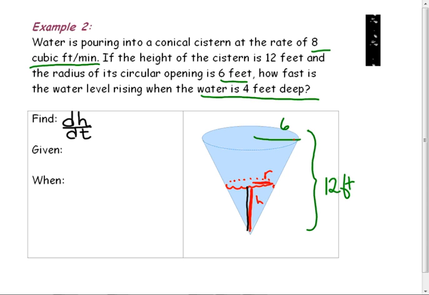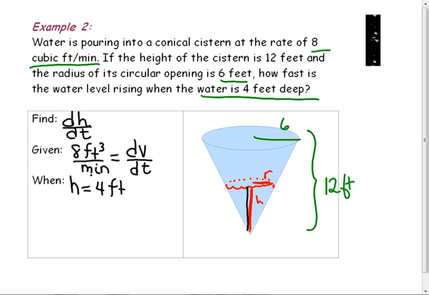I'm given this 8 cubic feet per minute. What is cubic feet? That's volume. So this is the change in the volume as what changes? Minutes is time. So see, it kind of tells me what to do. And it says when the water is 4 feet deep, h equals 4 feet.